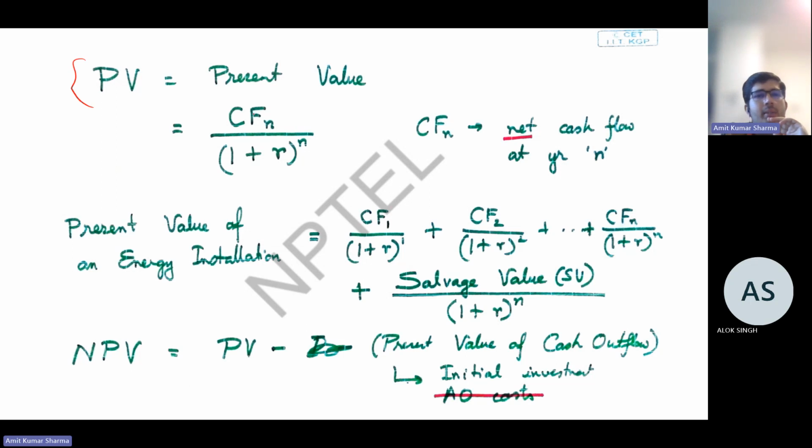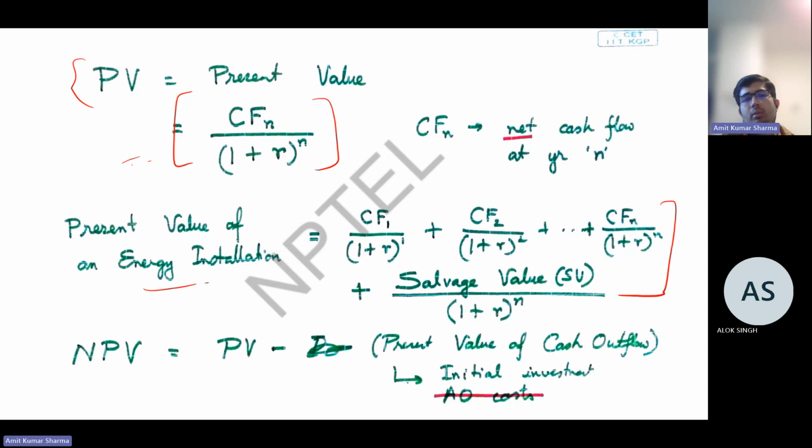So the present value is basically CF, the net cash flow at year n, upon (1 plus R) to the power n. In this way, we can find the net present value. The present value of an energy installation, for the first year, will be CF1 upon (1 plus R), then CF2 upon (1 plus R) squared, and so on, plus salvage value upon (1 plus R) to the power n.